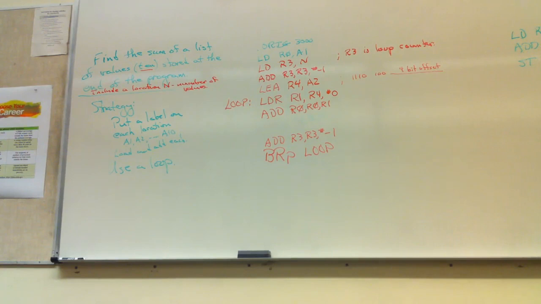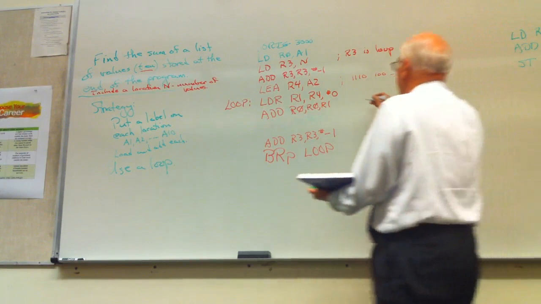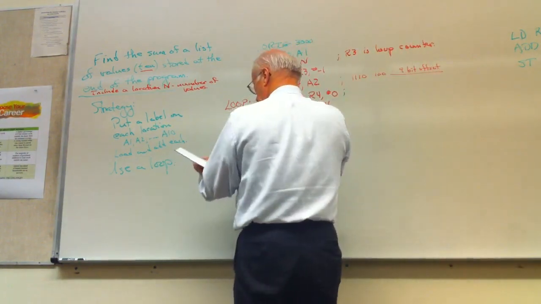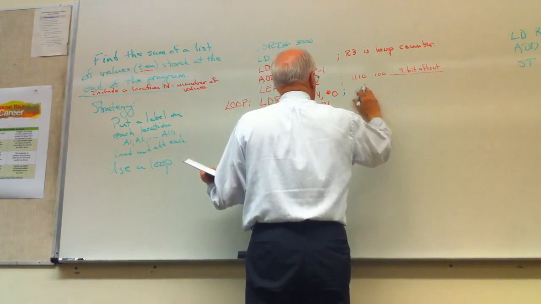Now, let's look at that instruction in register 5 and just see what we've got there. It looks like this. The load relative is opcode 6.